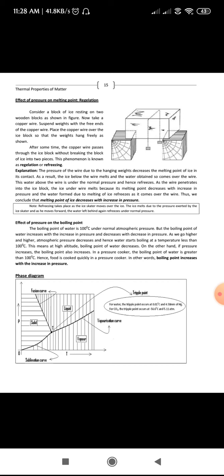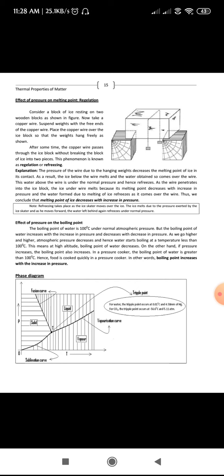Initially the copper wire is on the surface of the ice block, right? As time passes, the wire passes through the ice block. As it passes through, refreezing of ice takes place, so that it comes out of the ice block without breaking the ice into two parts.